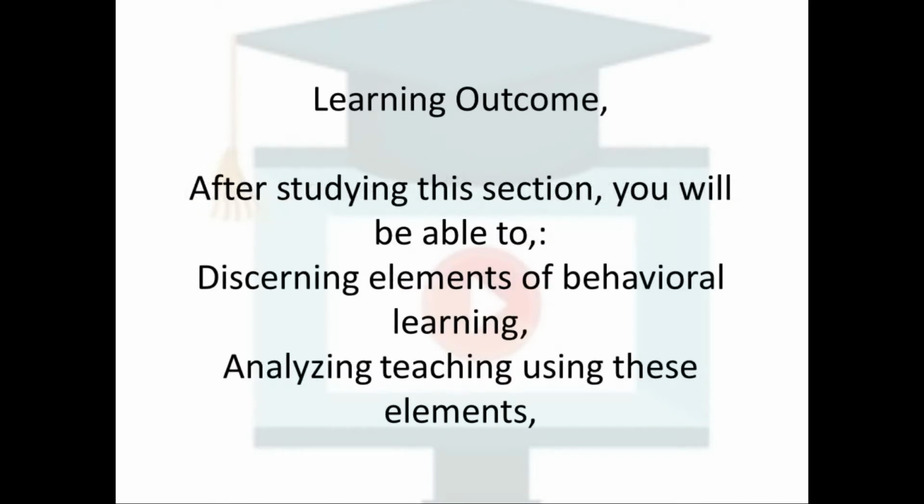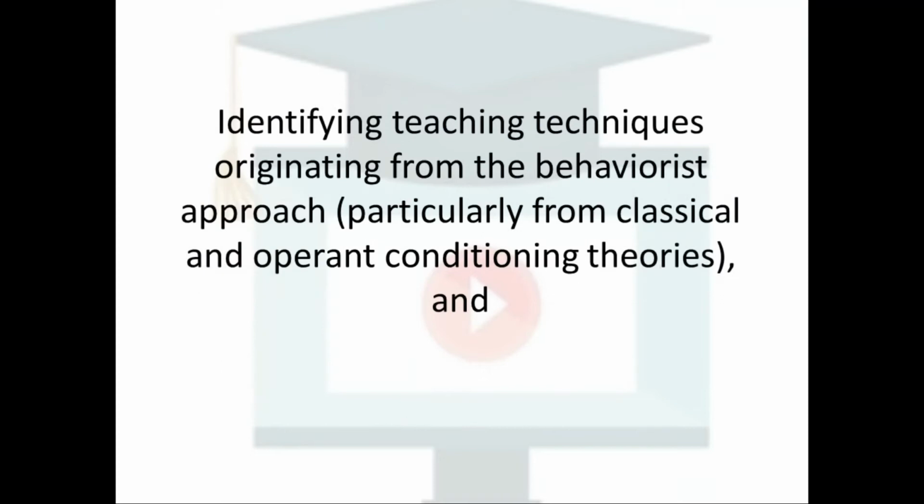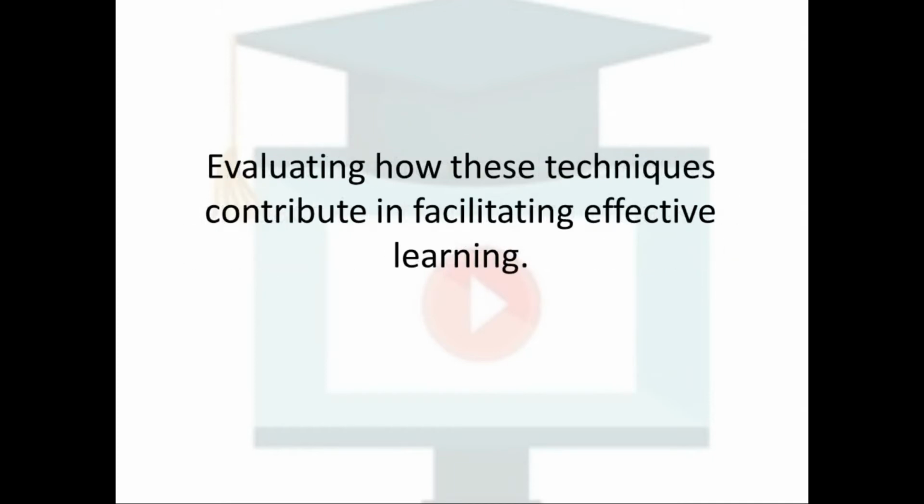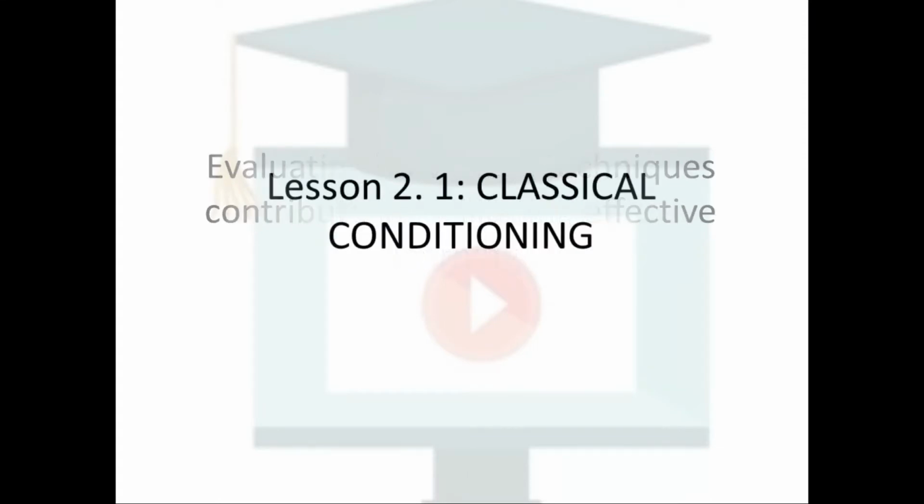Learning outcome. After studying this section, you will be able to discern elements of behavioral learning, analyze teaching using these elements, identify teaching techniques originating from the behaviorist approach, particularly from classical and operant conditioning theories, and evaluate how these techniques contribute in facilitating effective learning.